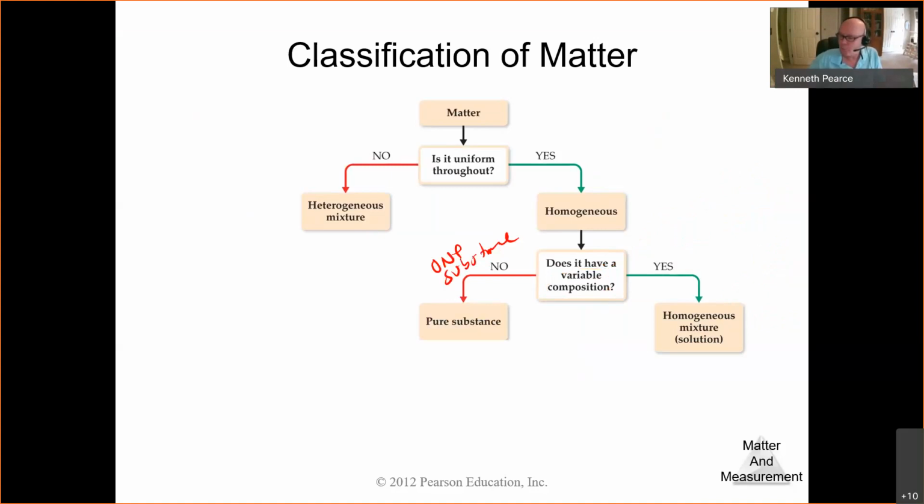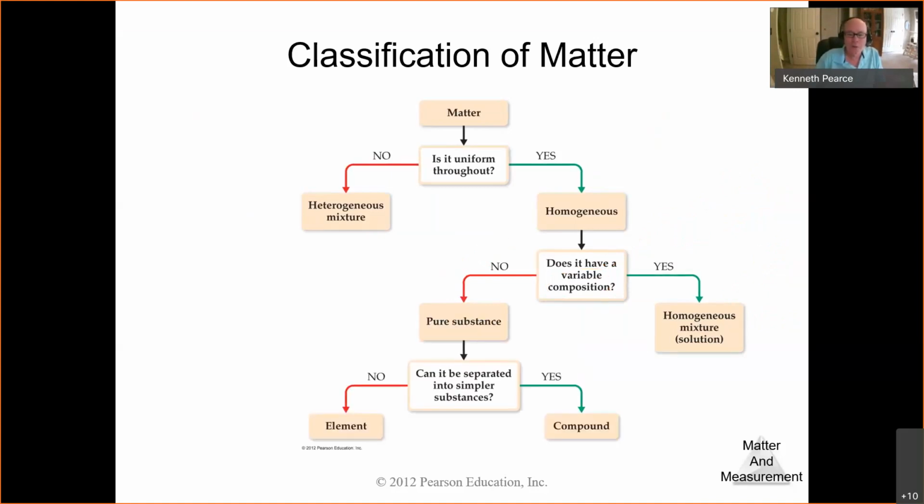Now, if it's pure, that means we could have molecules or atoms, okay? And so these would be elements or compounds, okay? Now remember, to be a pure substance, there can only be one component, only one.